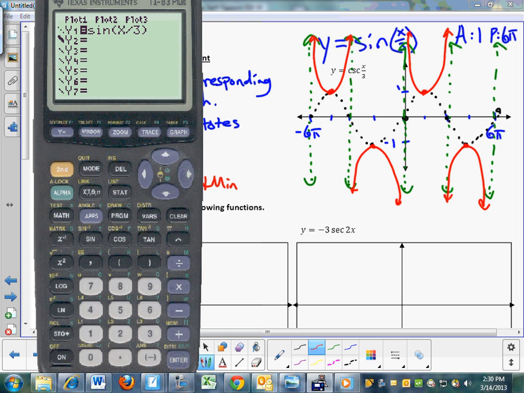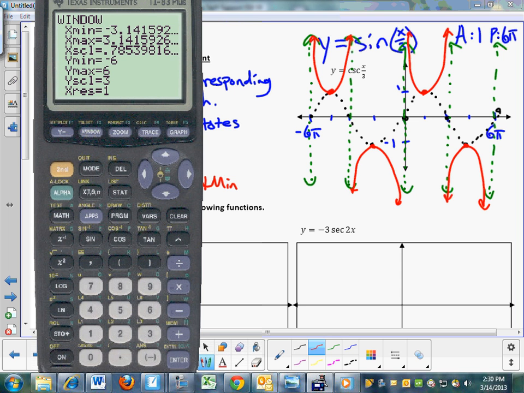And instead of graphing cosecant of x over 3, I don't have a cosecant button, so I have to do 1 divided by sine of x over 3. So that's what you have to do if you want to graph this stuff. You have to do the inverse. Let me set my window up.